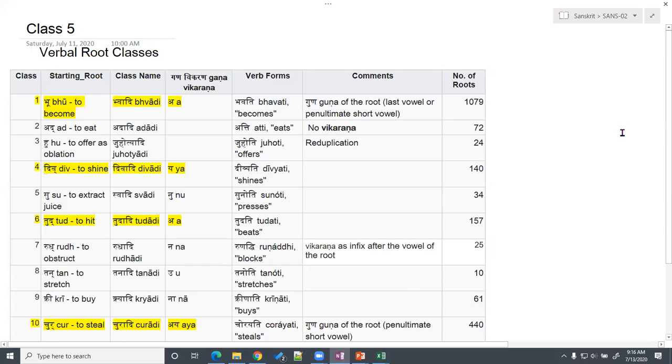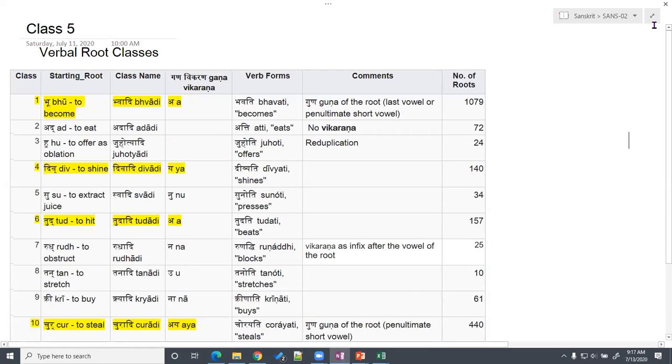So why are they categorized like that? Out of the 2000 roots, Panini gave a list of all of them. It's called Dhatu Kosha, a collection of all the roots. So he has given the root, certain information about the root, and the meaning of the root. One of the things which he has done is that he has divided all the roots into these 10 classes. What is the point of dividing into the 10 classes?